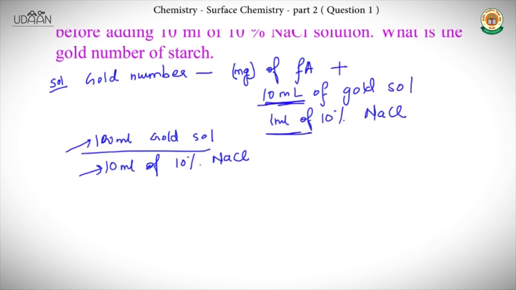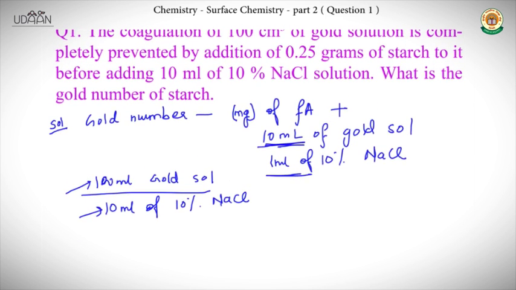Now I need to find the weight of the flocculating agent for 10 ml of gold sol. In 100 ml of gold sol, I am adding 0.25 grams of starch. So in 10 ml of gold sol, I will be adding 0.025 grams of starch.